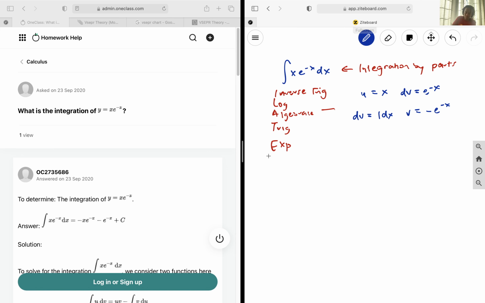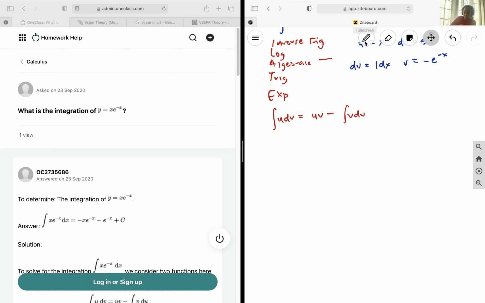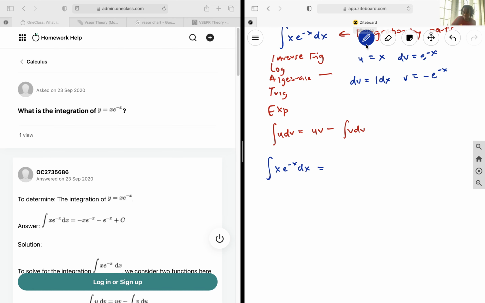Okay, so using the formula that we can just write down quickly here, and we put in what we have. The integral of x e to the minus x dx is going to be u times v, so negative x e to the minus x, minus the integral of v du.